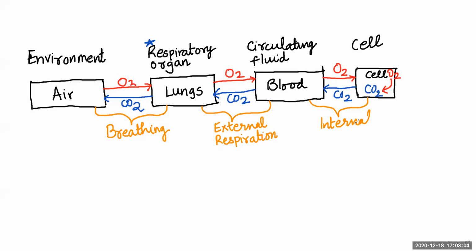This is called internal respiration. And there is the exchange which takes place within the cell. Exchange of gases which takes place within the cell is called cellular respiration. Okay, this involves what? Mitochondria.